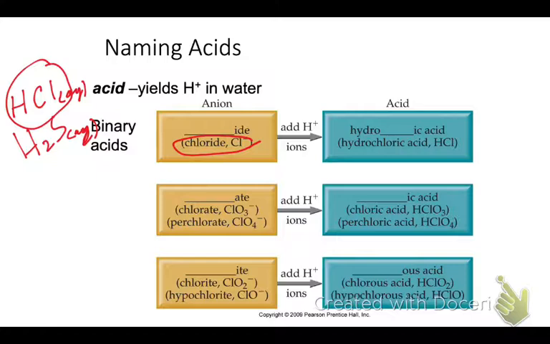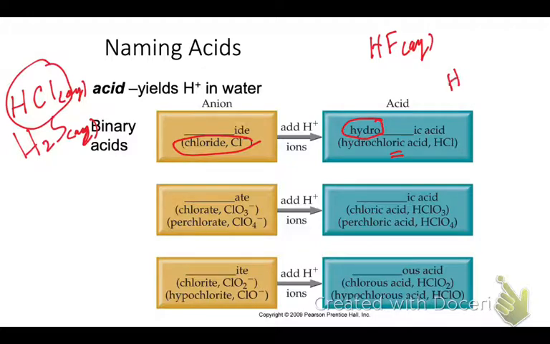Once it becomes an acid, all you do is put the beginning hydro, and then the halogen, or the nonmetal, will have an ic ending. So that will make this hydrochloric acid. Now, if the acid was this one here, then this will be hydrofluoric acid.